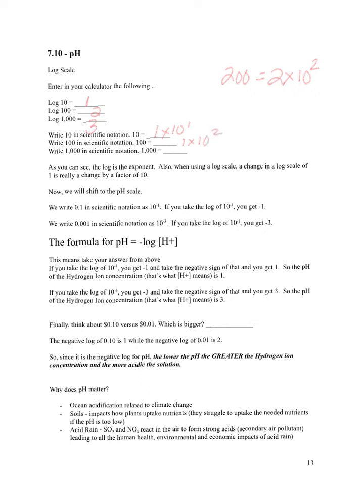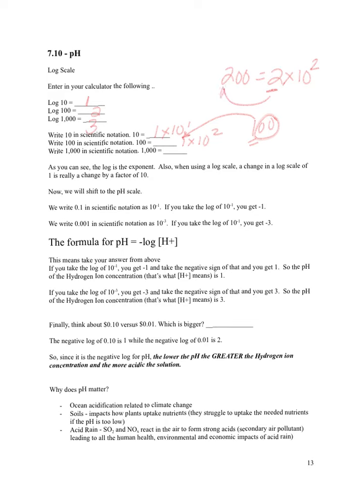That 1 comes from the 100, and it's 10 squared because of those 2 zeros. And 200 would be 2 times 10 squared: that's where the 2 comes from, and then the 2 zeros.